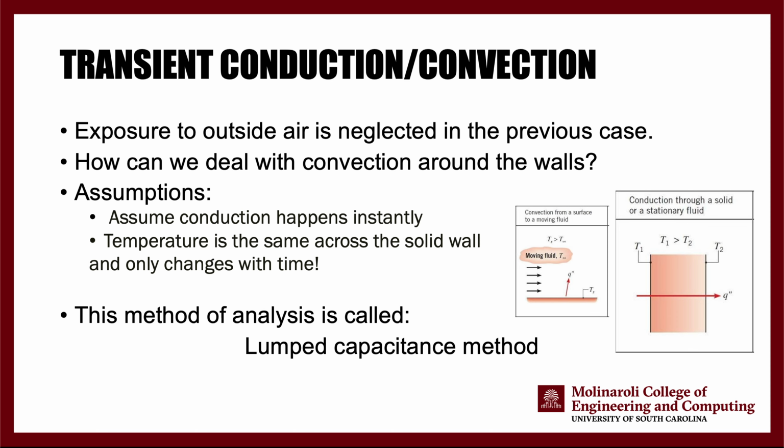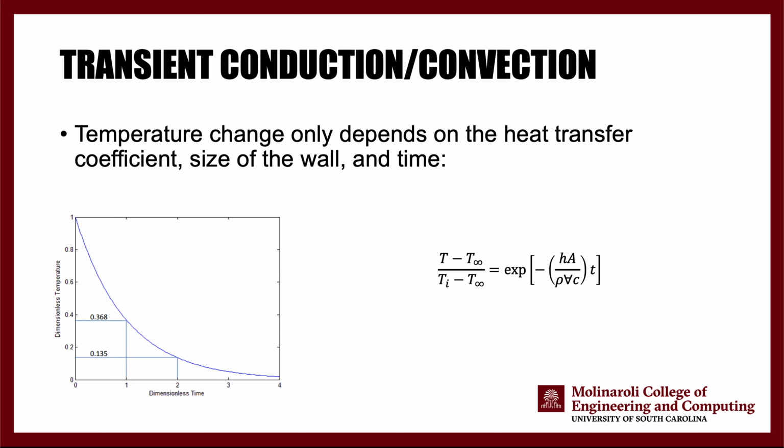This method of analysis is called the lumped capacitance method. For those of you who have taken a heat transfer course, I'm sure you have seen this method a lot. The idea is pretty simple. We are going to neglect conduction in favor of convection.